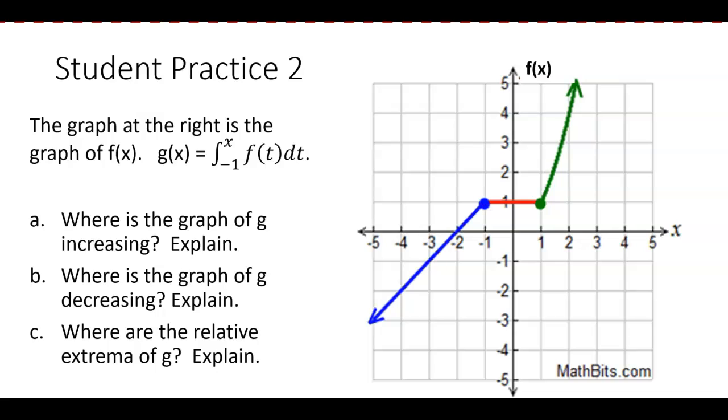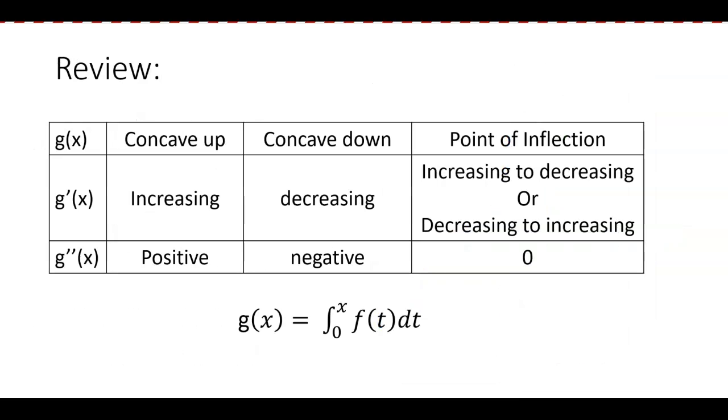All right, so let's move on to our next part here. We're going to do the same thing, but now instead of looking at increasing, decreasing, and relative extrema, we're going to look at concavity and points of inflection. All right? So, pay attention. Here we go. When G is concave up, we know that its second derivative is positive, right? Remember that? Concave up looks like this.